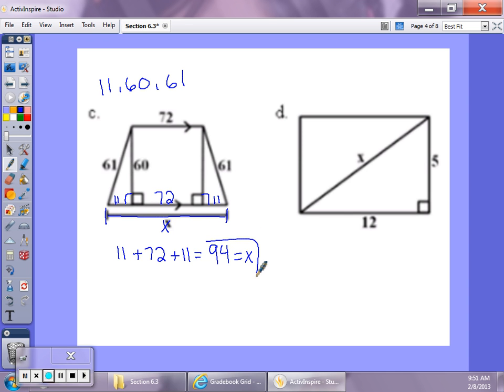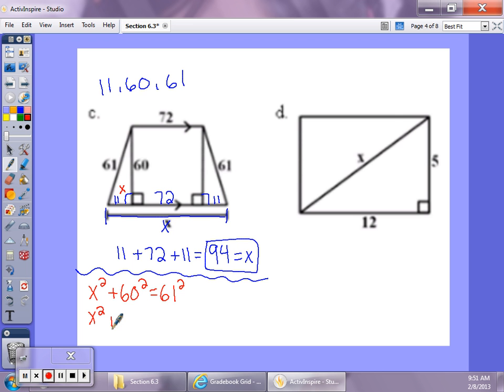Okay. All right. So again, you do not need to memorize the triple. So if you did not know that, we could call this x, and we could still take x squared plus 60 squared and set that equal to 61 squared.